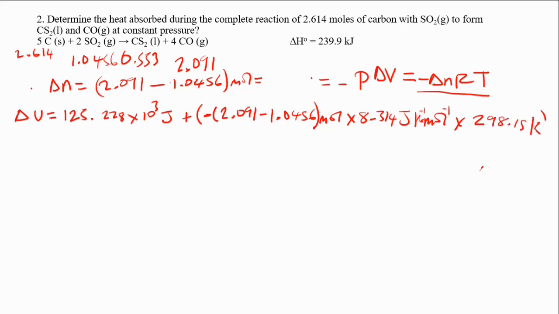Kelvin here cancels with Kelvin there, mole here cancels with mole there, and you're left with joules. So let us now calculate the actual value for delta U: 125.228 times 10 to the 3 joules plus, let me just work out that side because we like to do things in order.